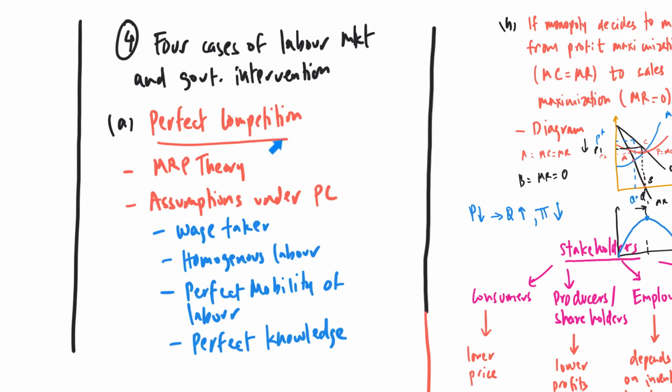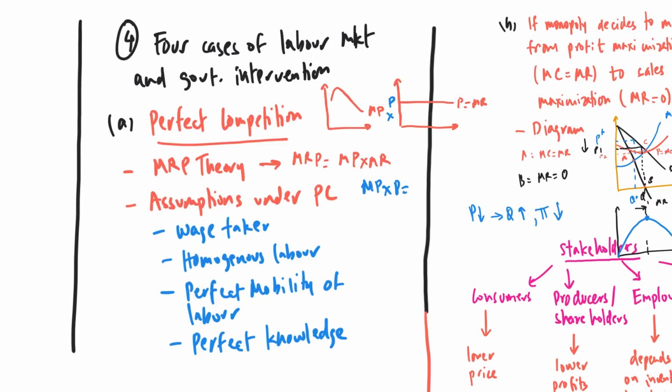And in perfect competition, we use MRP theory. First, we'll explain what MRP theory is. MRP is equal to MP times MR. We explain that MP is basically like this due to the law of diminishing returns, and MR in perfect competition is equal to P. So MP times P in perfect competition is your MRP.